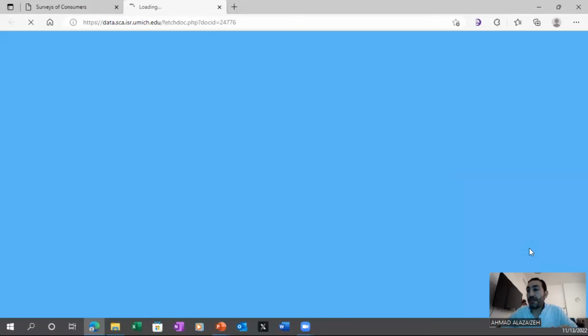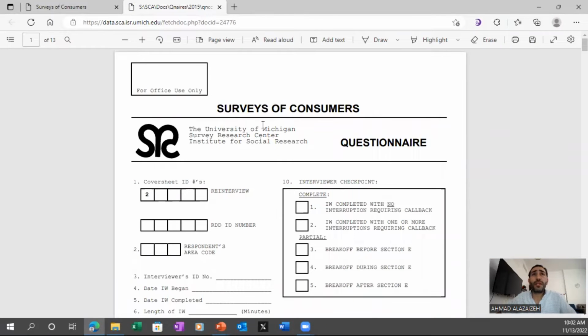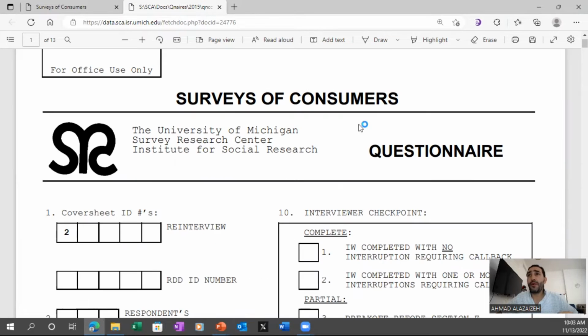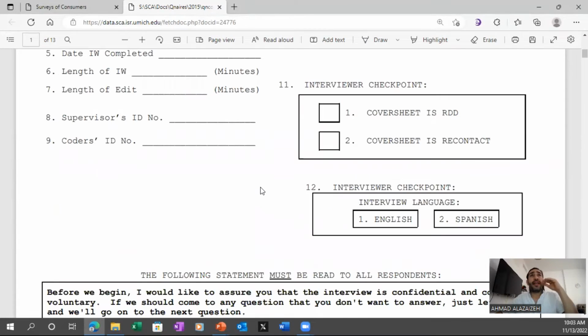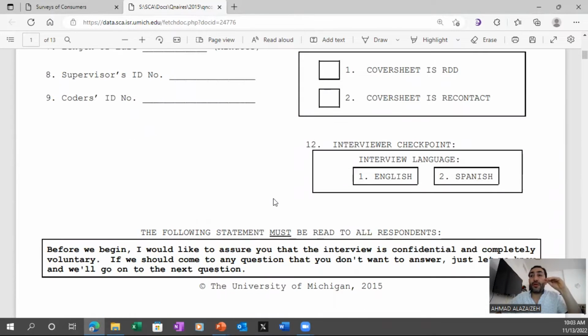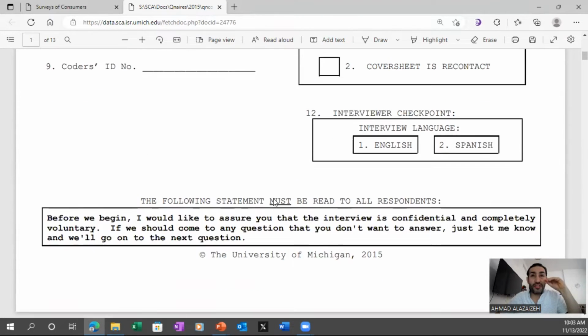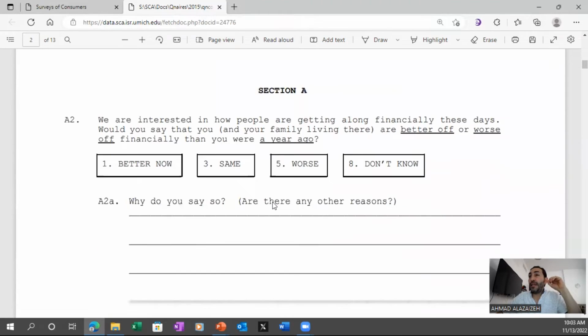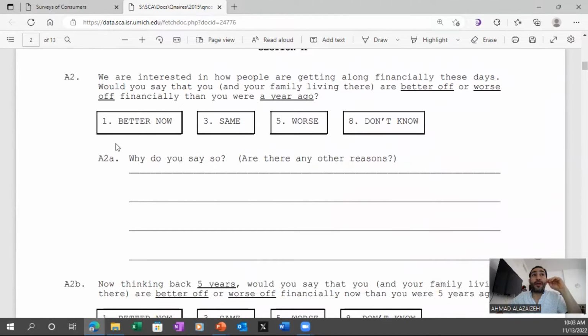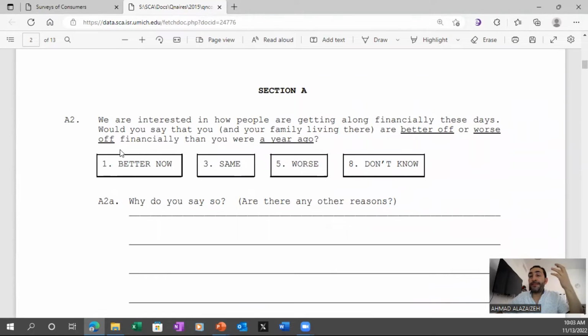You can see the questionnaire used for calculating that index. This questionnaire consists of almost 50 questions, and they ask the consumers about the condition in general, if it's better, the same, or worse.